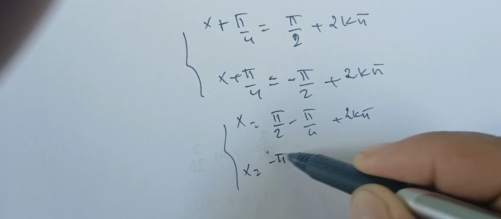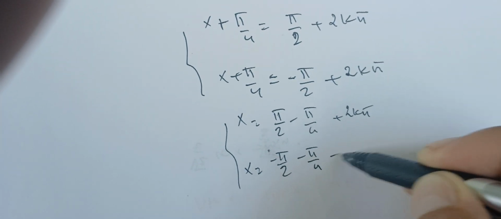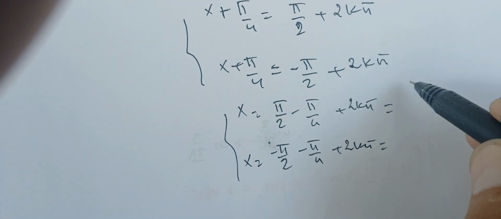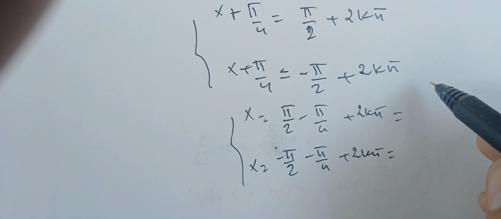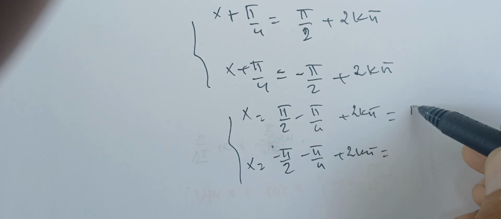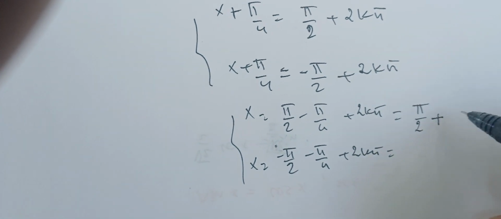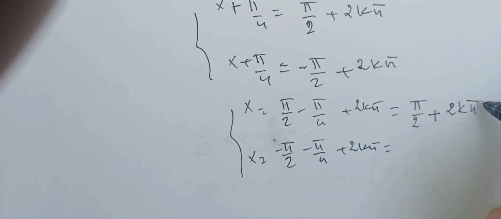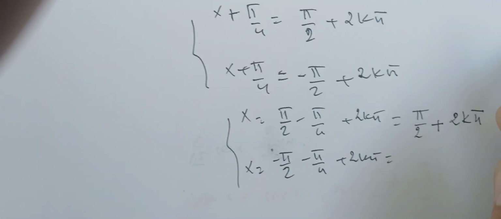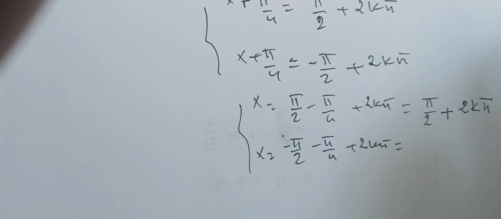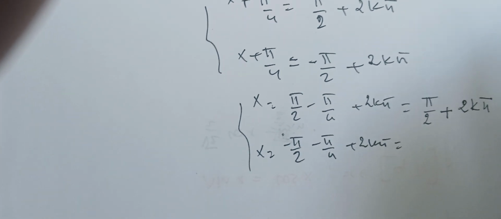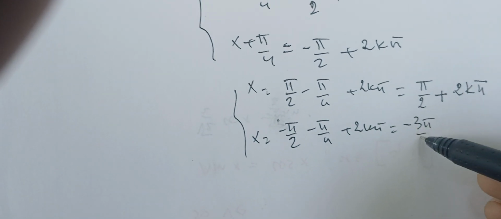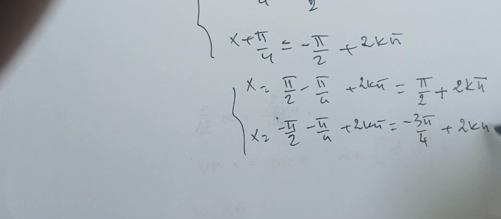So I have pi over 2 minus pi over 4 plus 2k pi. And on this one here, I have minus pi over 2 minus pi over 4, which is minus 3 pi over 4 plus 2k pi.